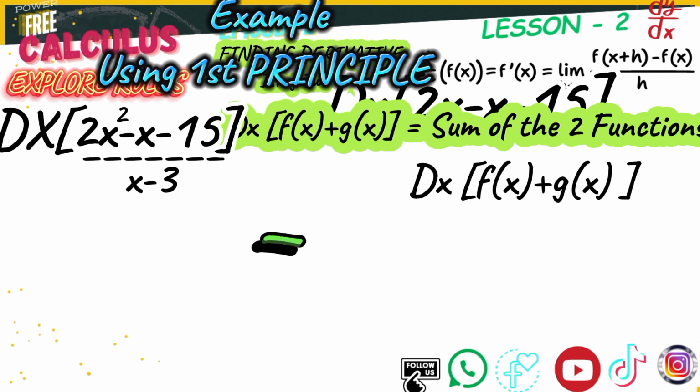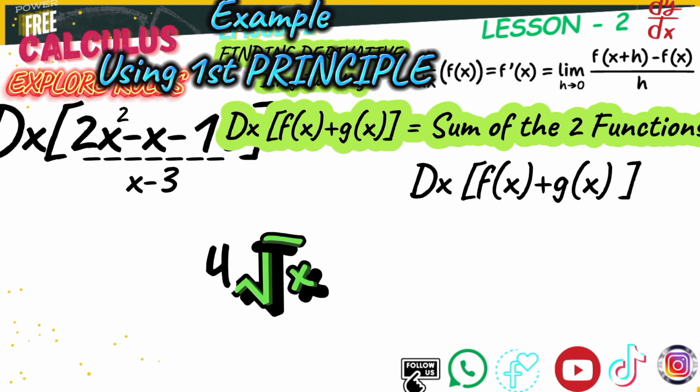Let's say you are given 4 root x. We all know that root x means we have x to the power of 1 here, and then that 2 there. And then if it was cube root, we know it was going to be 3.